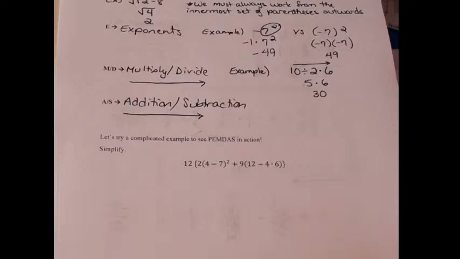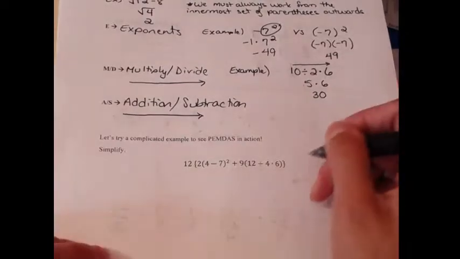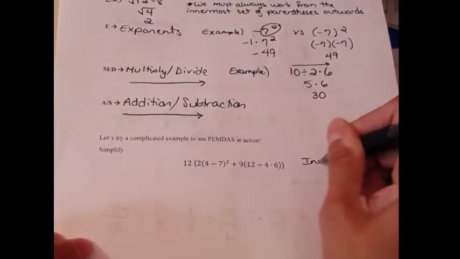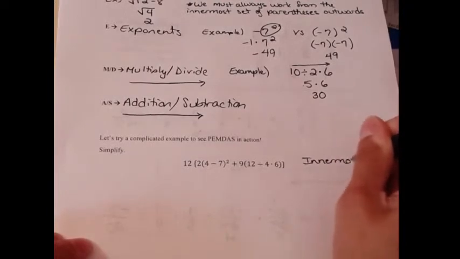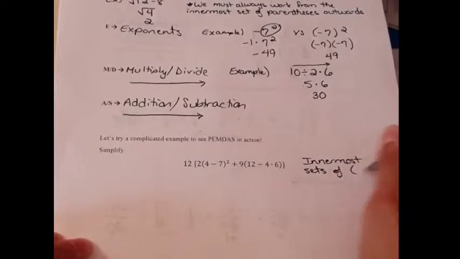Okay, so we heard times, we heard raised to a power, we heard subtraction, addition, division, multiplication, we heard all sorts of things. So one of the first things we want to do is we want to work in the innermost set of parentheses. So innermost sets, in this case, there are 2 of parentheses.